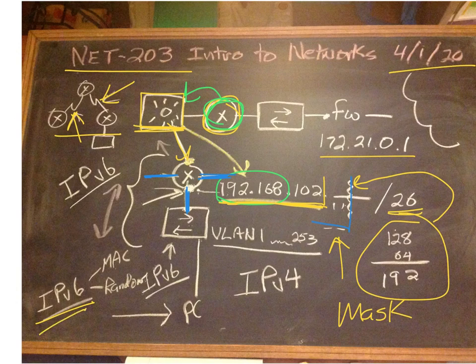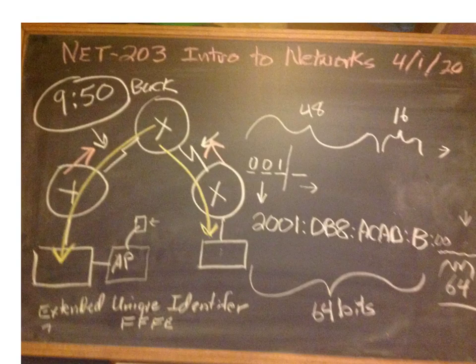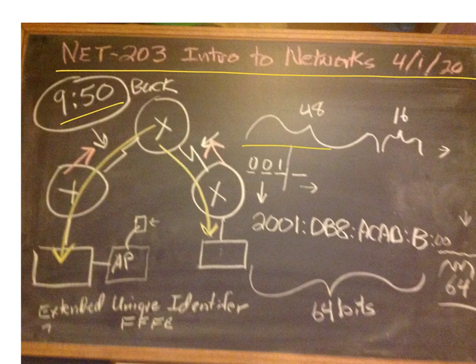We talked a little bit about the interface address, which either uses the physical address or a random number, for connecting PCs to the network. Here's our scenario. We came back at 9:50, April 1st. We talked about the network addresses, and currently they're distributing this.